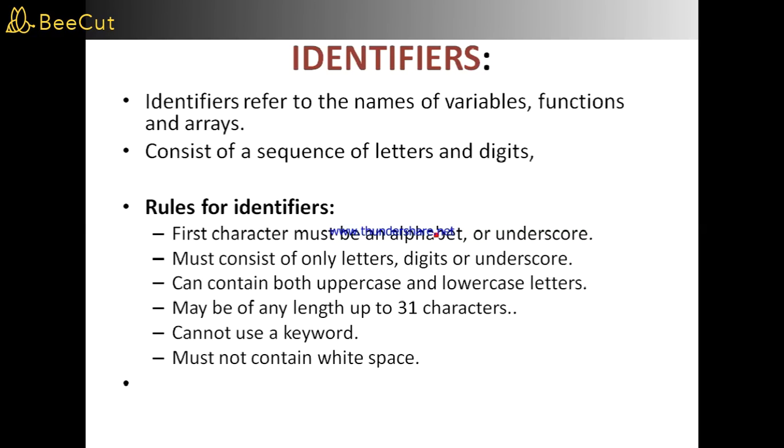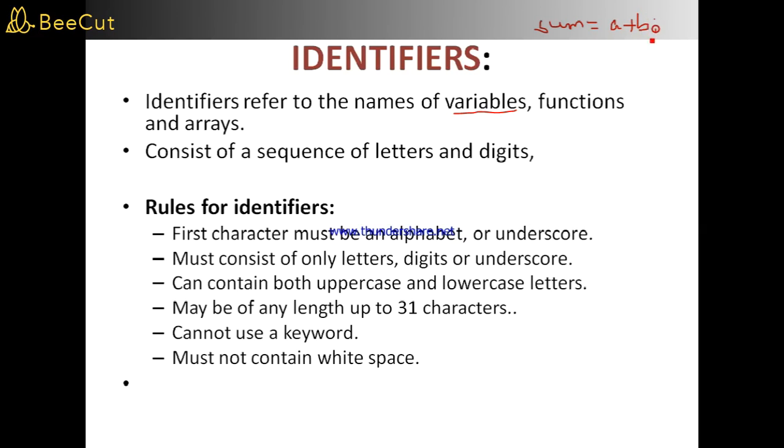Now let's see the next topic, that is identifiers. This is very important. Identifiers are used for identifying variables. That refers to the names of the variables. Variables are nothing but storage locations. For example, if you want to add two numbers, sum is equal to a plus b.